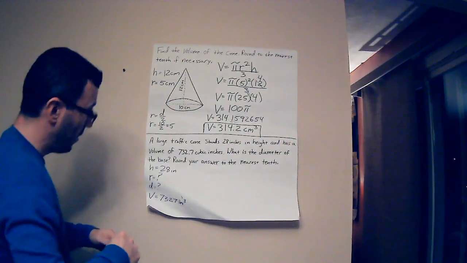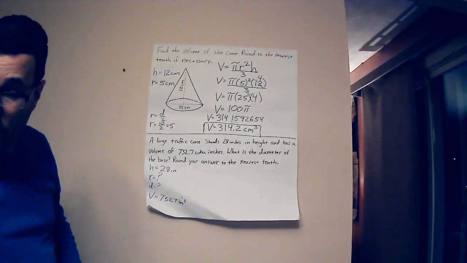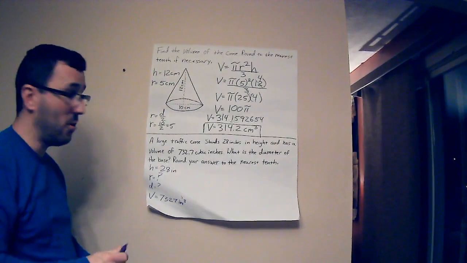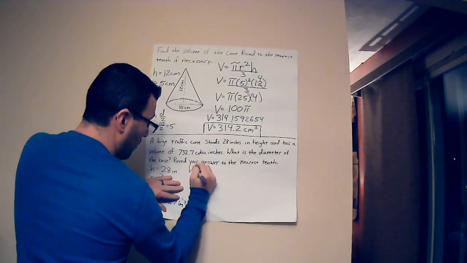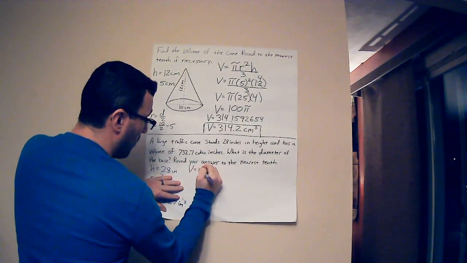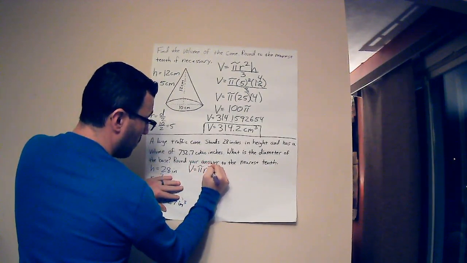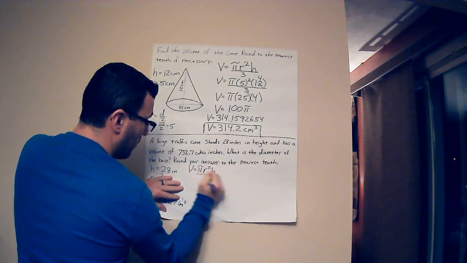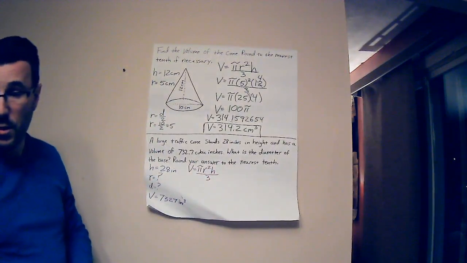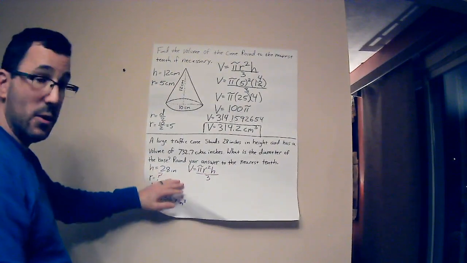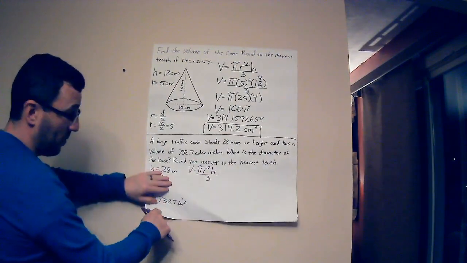We're going to start off the same way we always do, by writing the formula. Volume equals pi r squared h divided by 3. Okay? So, let's start plugging in. We know the volume.